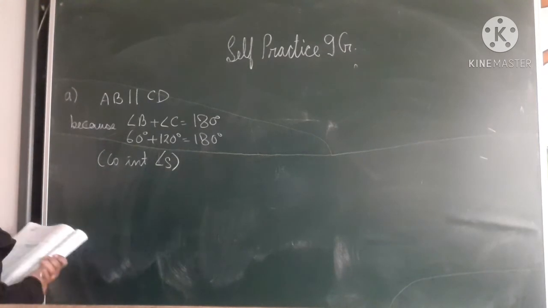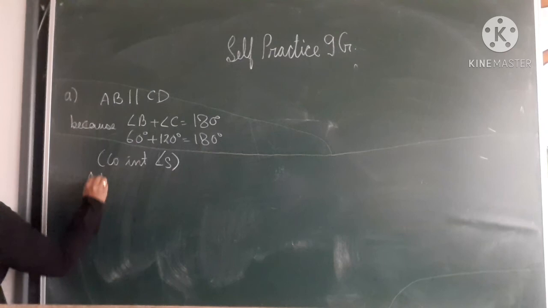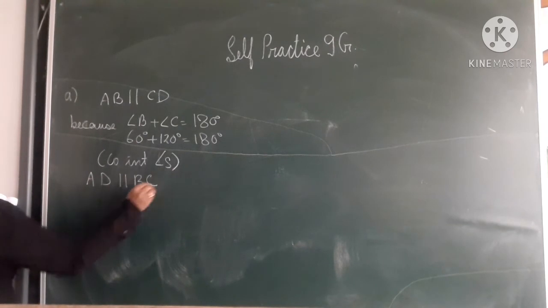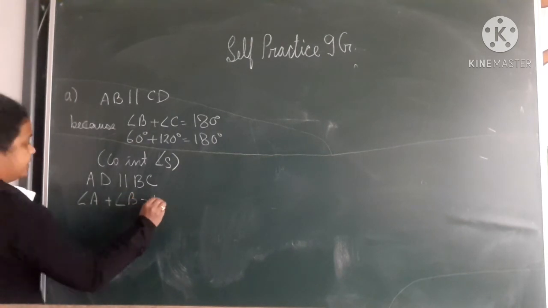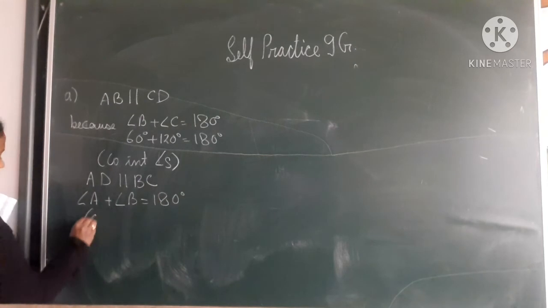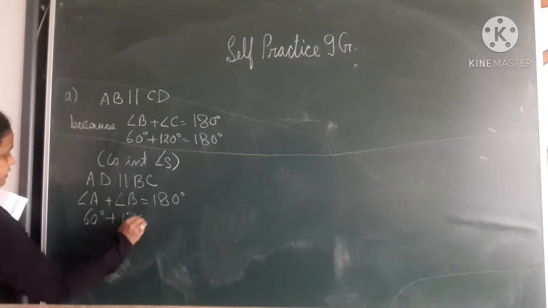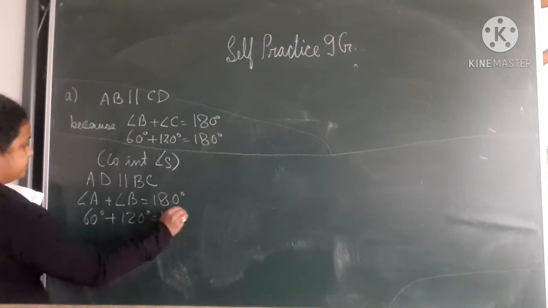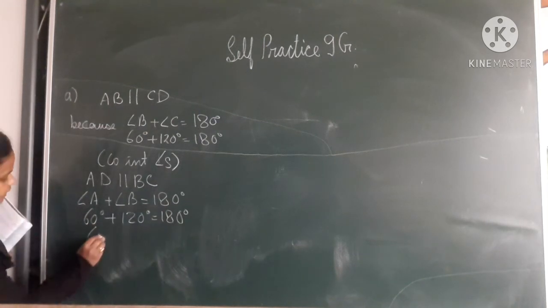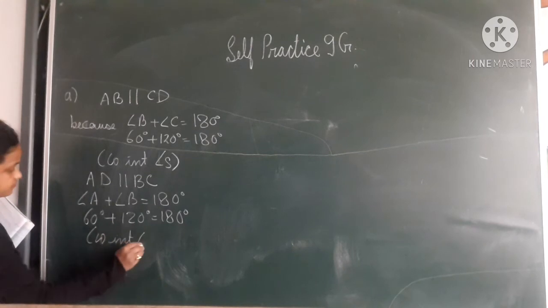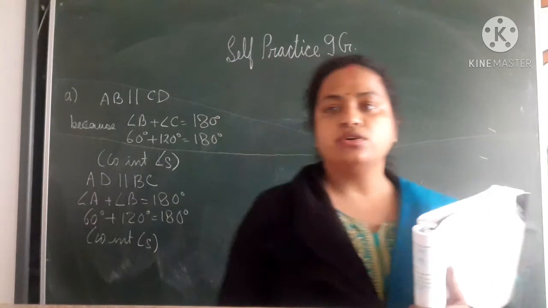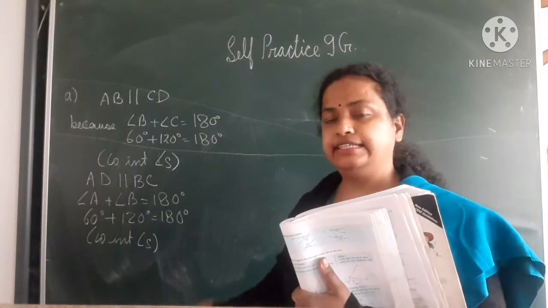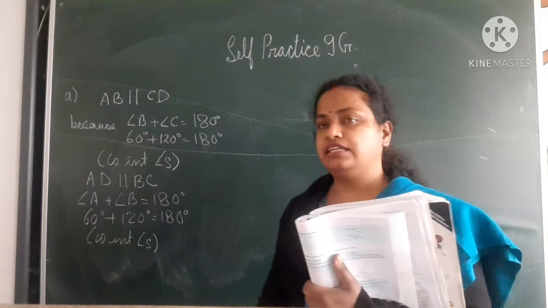And AD is parallel to BC, because angle A plus angle B is equal to 180 degree. 60 degree plus 120 degree is equal to 180 degree due to co-interior angles property, and hence they are parallel to each other.